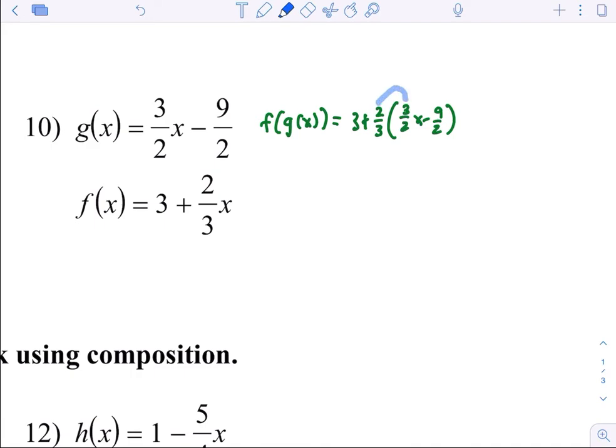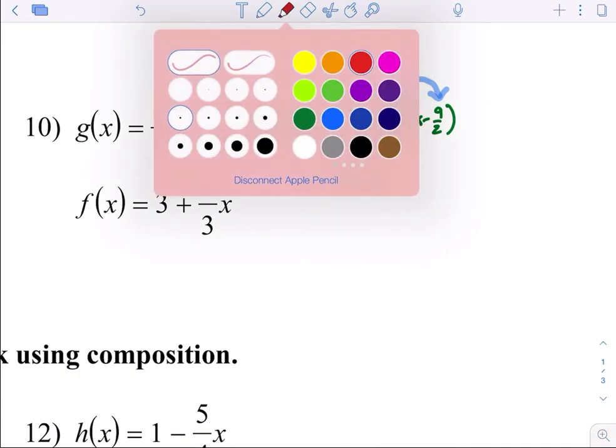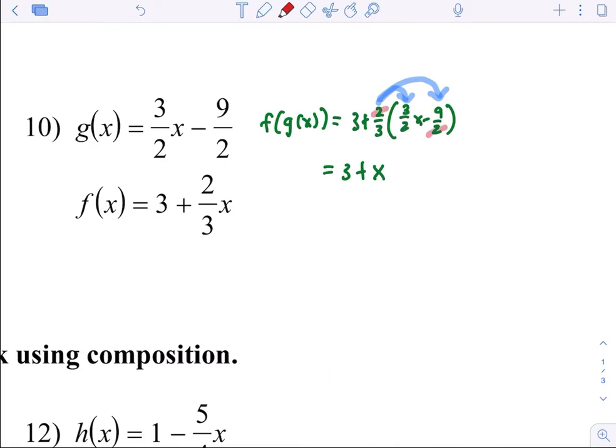Okay, so we're going to distribute this to both. 3 plus 2/3 times 3/2, you guys, this is 1, so just going to have x. 2/3 times negative 9/2, you guys. Well, if you take a look, this 2 will cancel with this 2. This 3 will cancel with this 9, and then there's just going to be a 3 on top. So then it's just minus 3, which is just x.